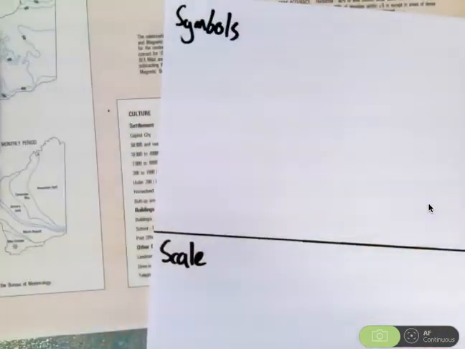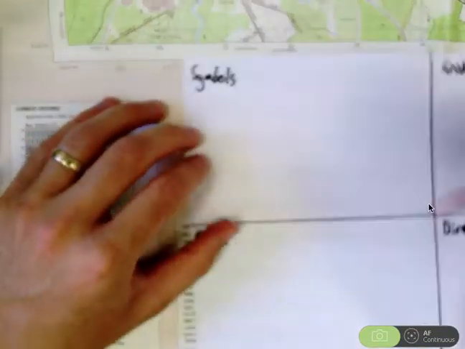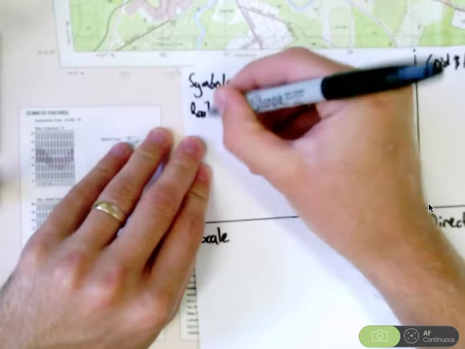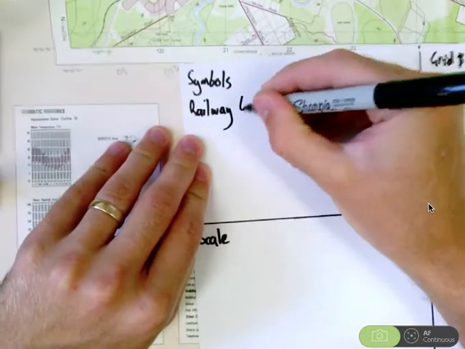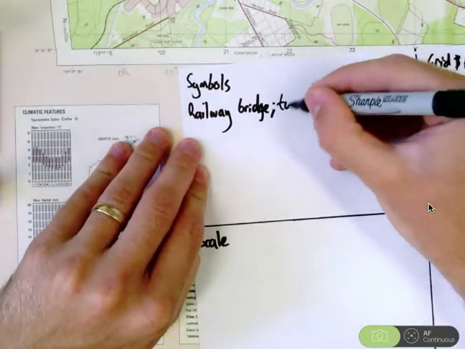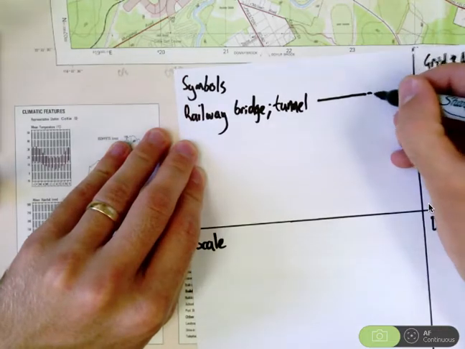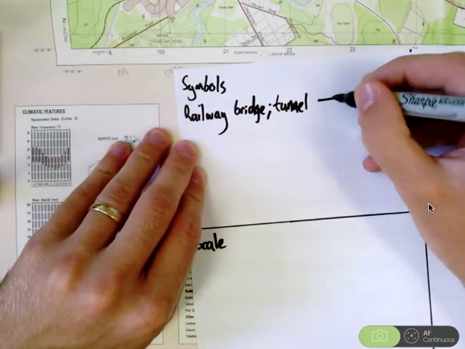Okay, so for example, it says there railway, bridge, semicolon, tunnel. Then it has a marking that looks like this.